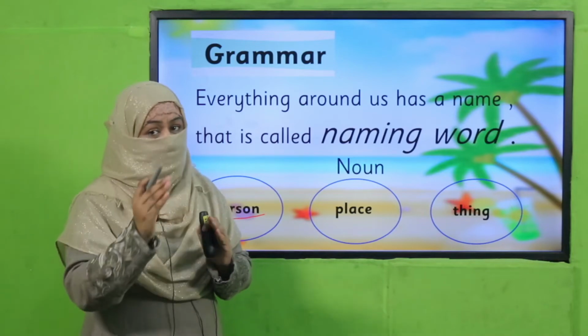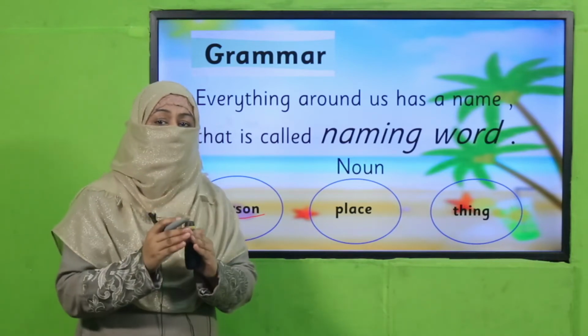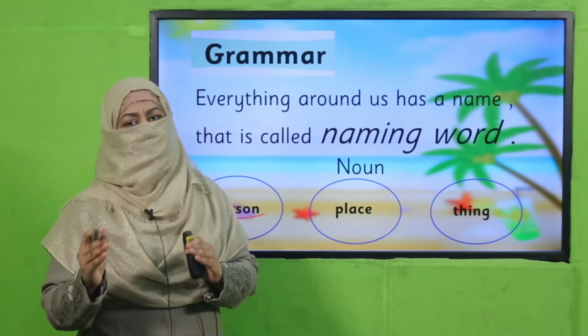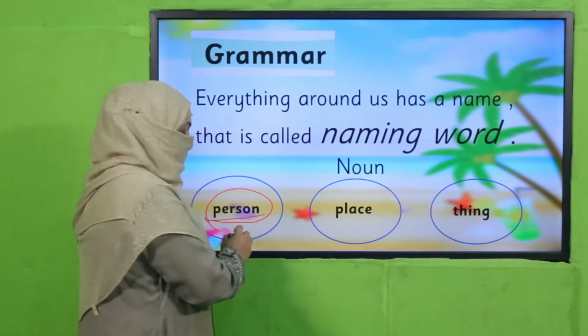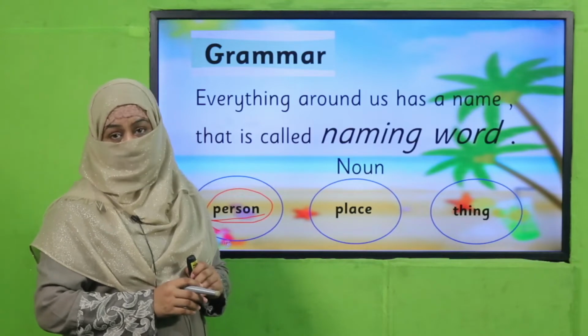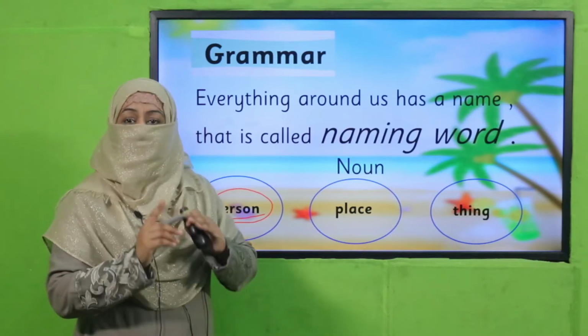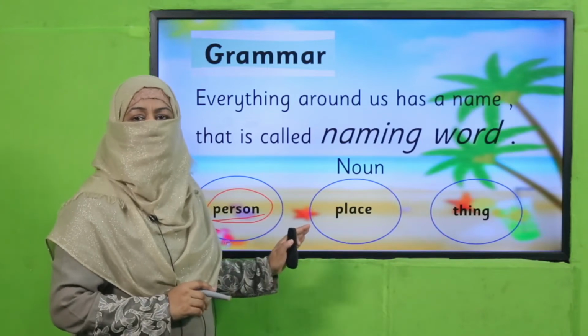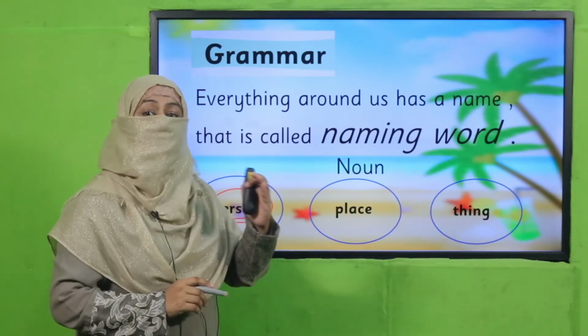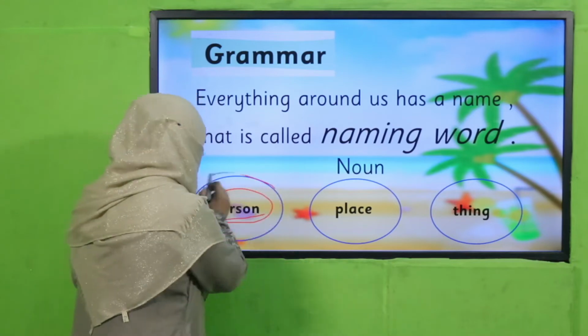And one thing more, now, you know, it can be a common or a particular name, right? How? Means if I say boy, does it refer to a person? Yes. And it is a common naming word for person. And if I say Ali, it is a particular name, but still it refers to person.